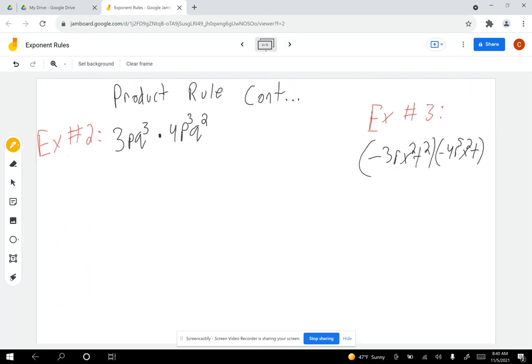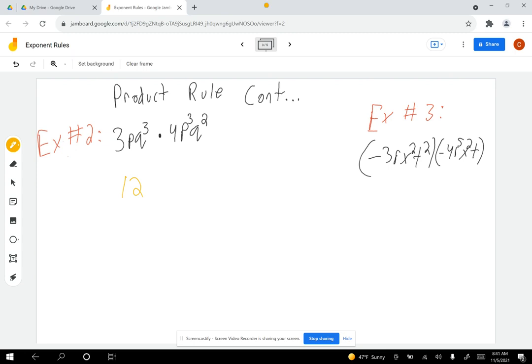If I look at example number 2, you can tell here I have two different bases, P and Q, and I have two coefficients. So what I'm going to do is first multiply my coefficients, 3 times 4, which should give me 12. Then I have P to the first power. Obviously, you should know a little bit about exponents before this video. But if you have a P by itself, you can assume that the exponent is 1. Or if you have any base by itself, you can assume that the exponent is 1.